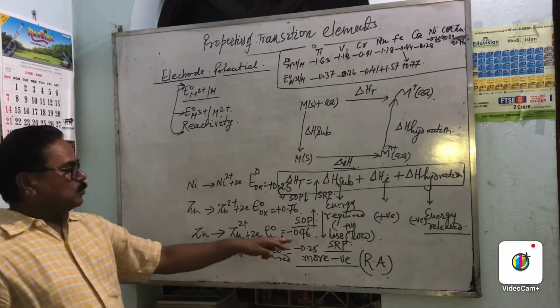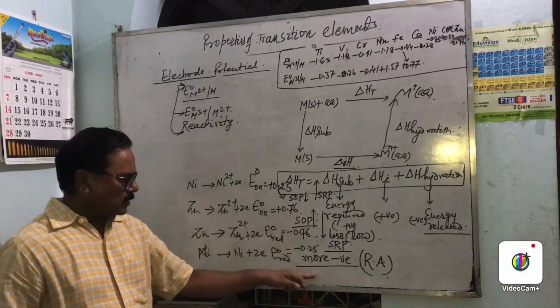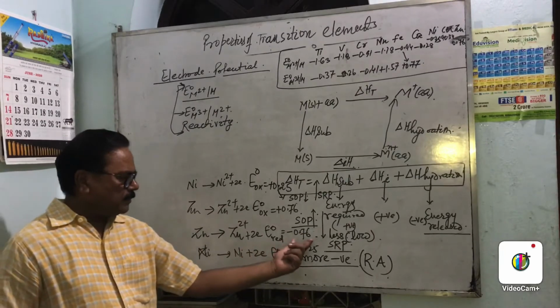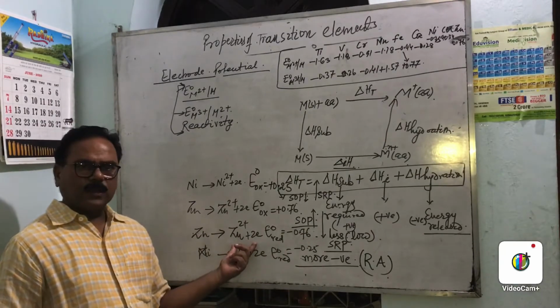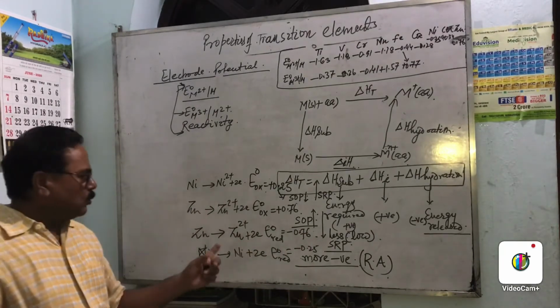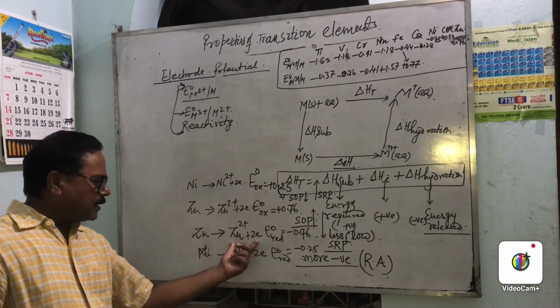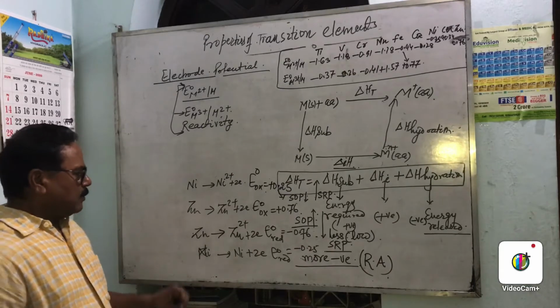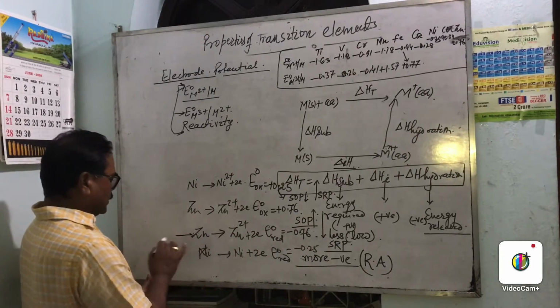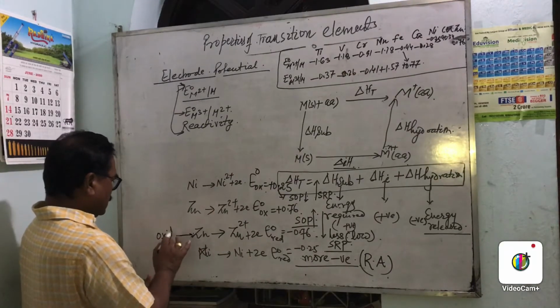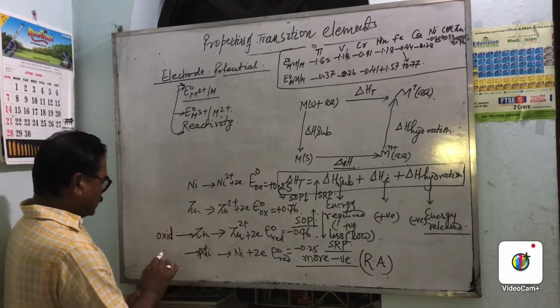So which one is more negative? This is the concept. This is zinc. So zinc will have more tendency to lose electron, and zinc will act as a reducing agent, because the phenomenon is oxidation.